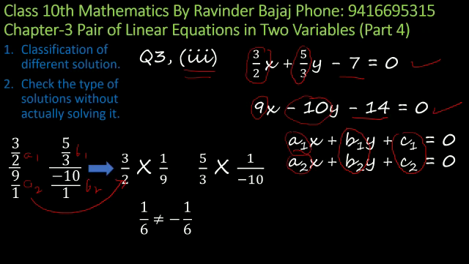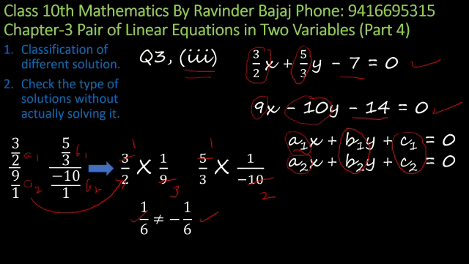See, 3 upon 2 into 1 upon 9 will become 1 upon 9. So 3 ones are 3, 3 threes are 9, 5 ones are 5, 5 twos are 10. So here it is 1 upon 3 twos are 6. And next is 1 upon 3 twos are 6.